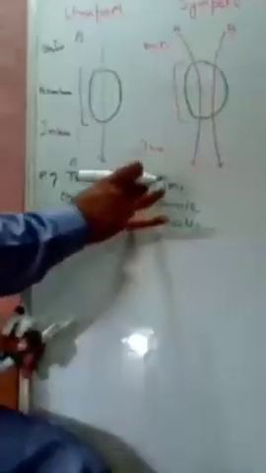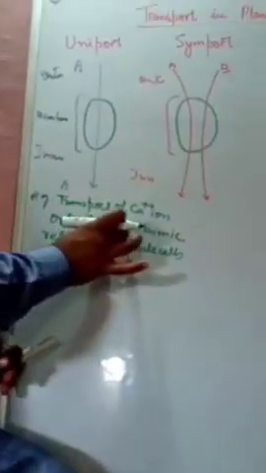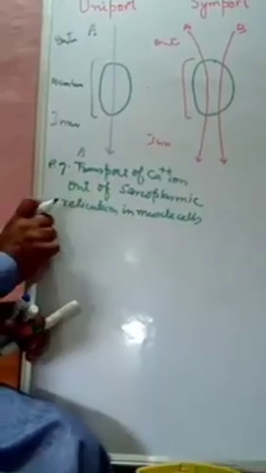When these are transported out, the muscle cells get relaxed. So, transport of calcium ions out of the sarcoplasmic reticulum in muscle cells.